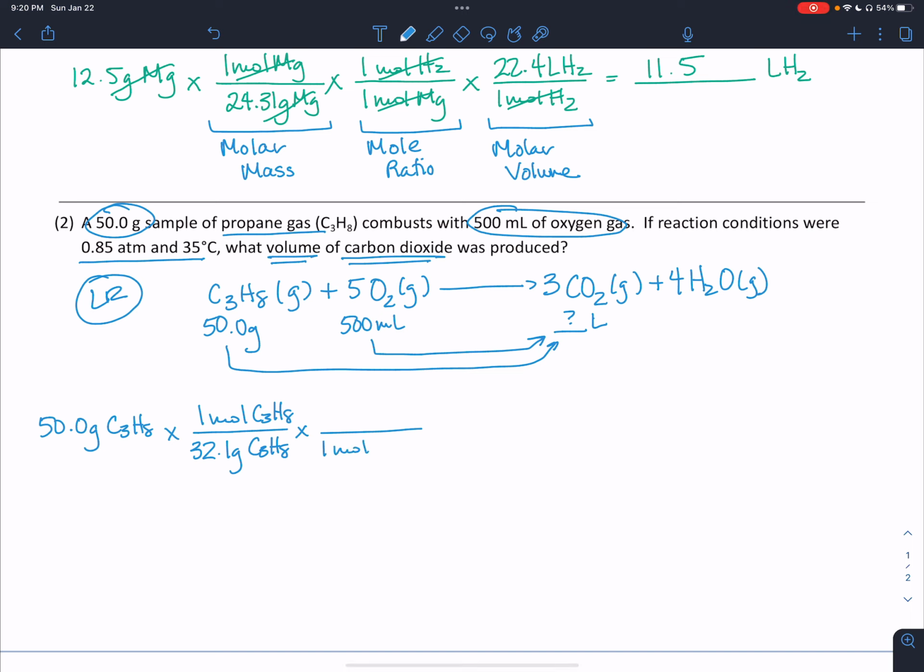According to our balanced reaction, 1 mole of C3H8 will produce 3 moles of CO2. I'm going to stop here because I'm going to determine which produces the least, and then I will finish it up. I'm going to cancel the moles, cancel the grams, and I find that I produce 4.69 moles of CO2.